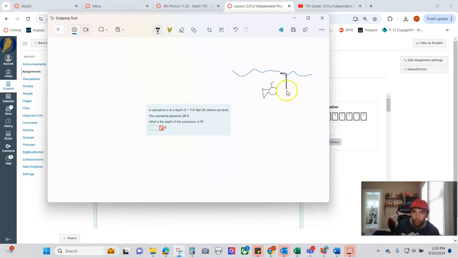This submarine, the question says, is 114 feet below sea level. So it's negative 114 feet below. Then the submarine descends 28 feet.